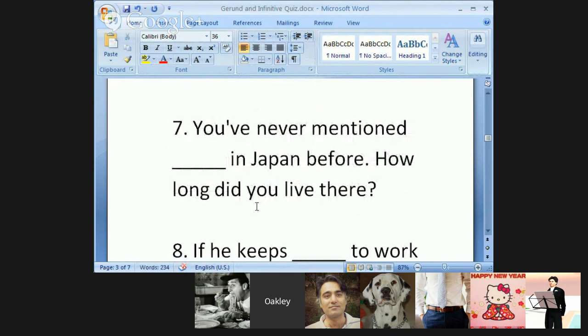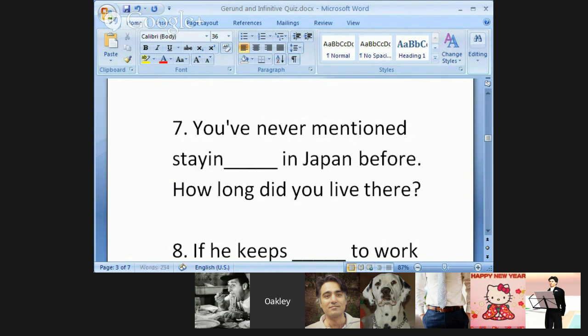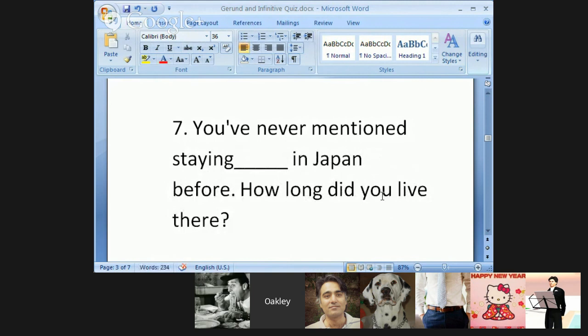All right, how about number 7? Nader is not here. Heidi, how about number 7? You've never mentioned staying in Japan before. How long did you live there? Oh, okay, living in Japan. Staying would actually work here.